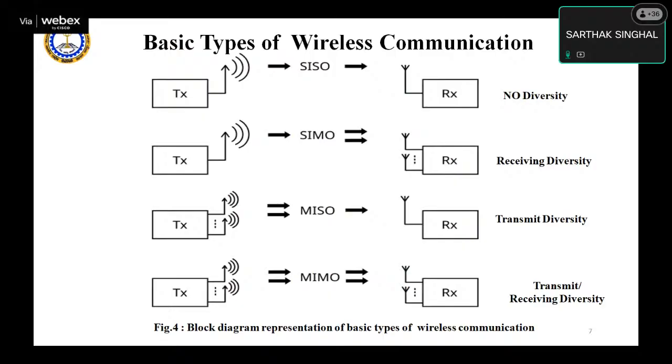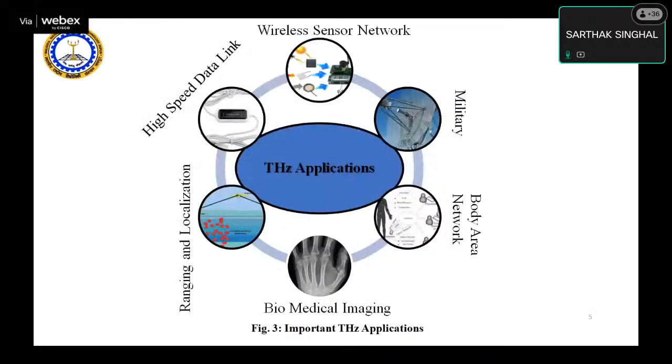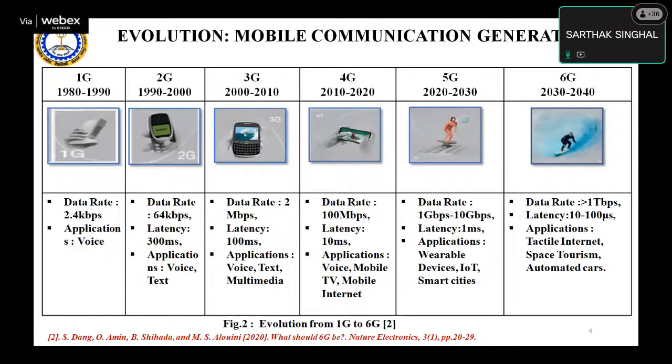So when we talk about wireless communication, in case of 4G, MIMO was suitable, having four elements at the transmitter and receiver is enough. But when we are talking about 5G and 6G, there is a requirement of massive MIMO antenna elements.